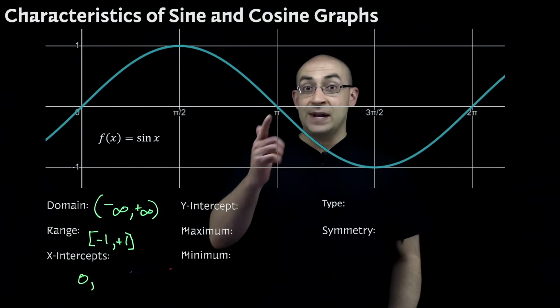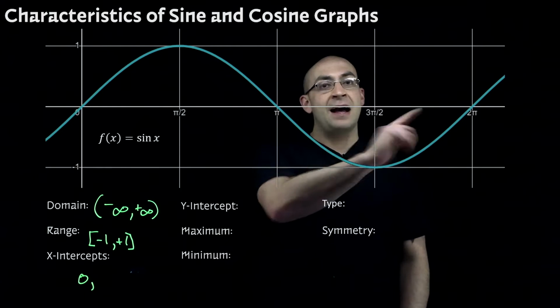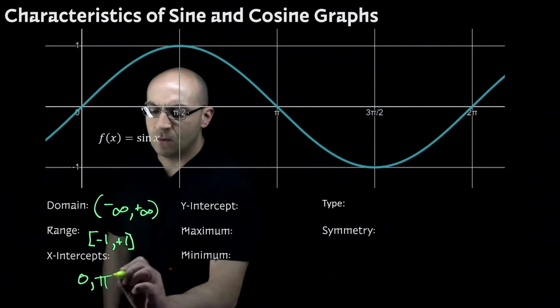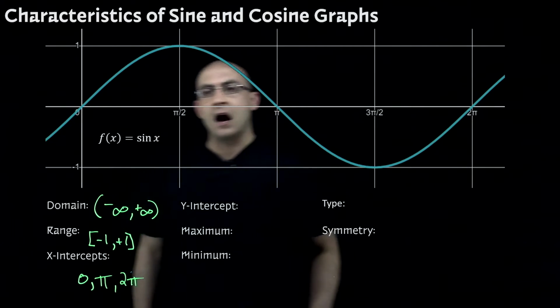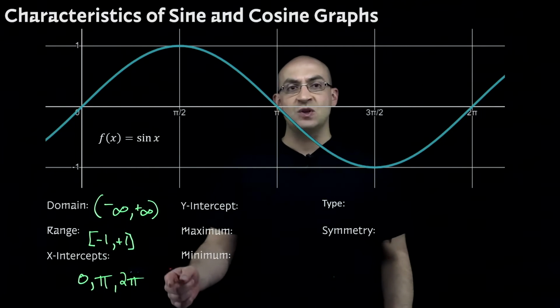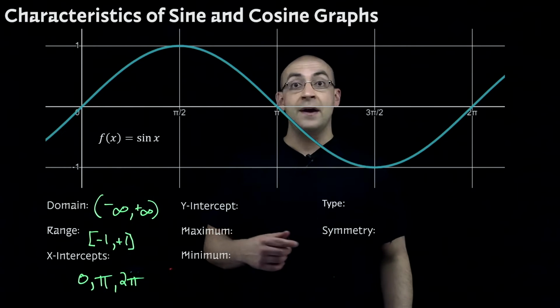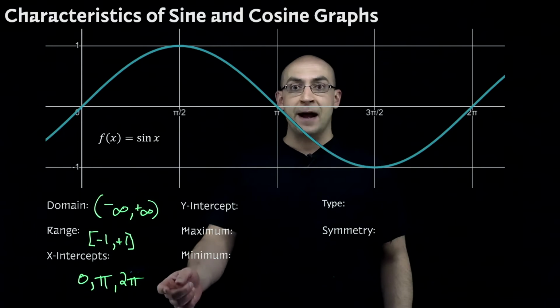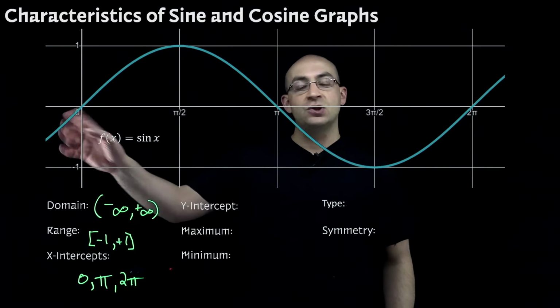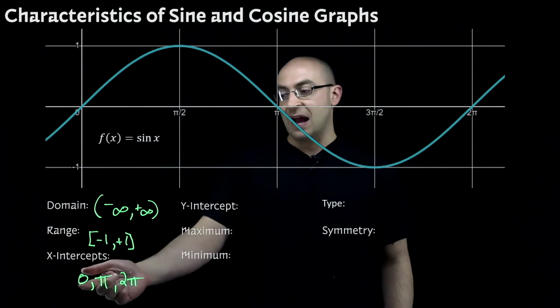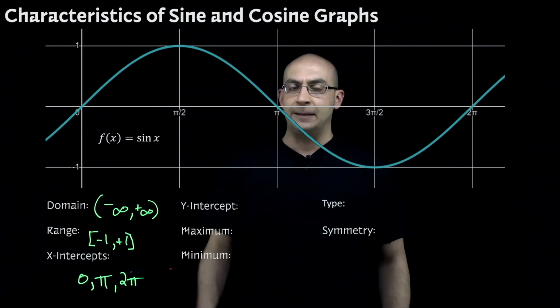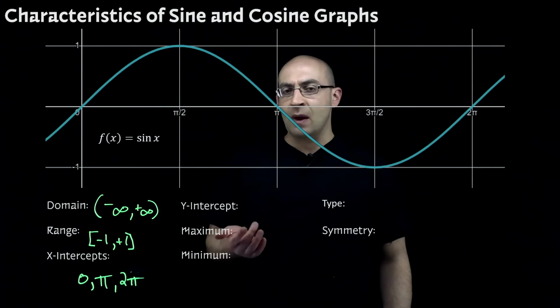Now, we can see clearly there's an x-intercept at pi and 2 pi. So what's really happening here? Our x-intercepts are going to continue in this pattern. If I were to shift this graph over so you can see more, we're going to have an x-intercept at 3 pi, 4 pi. If I were to go towards negative territory, I would have one at negative pi, -2 pi. So there has to be a way to represent that.